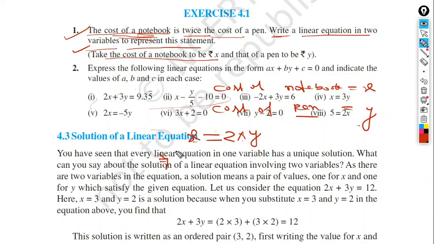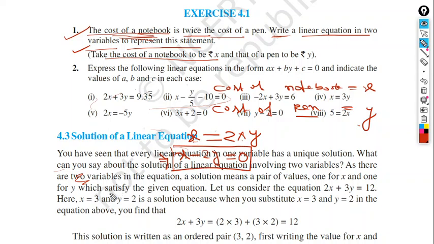So 2y will be transposed to LHS. That means x minus 2y is equal to 0. Now this is a linear equation with two variables. You will say, sir, where is c?